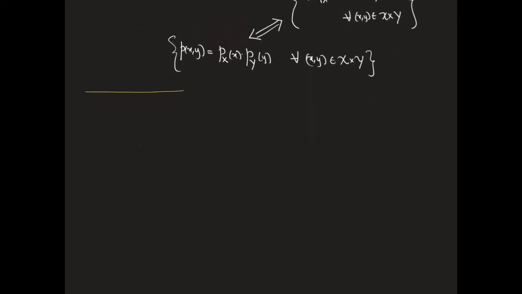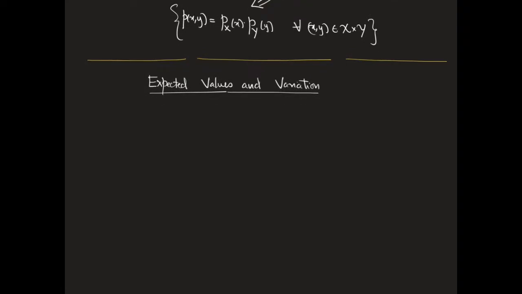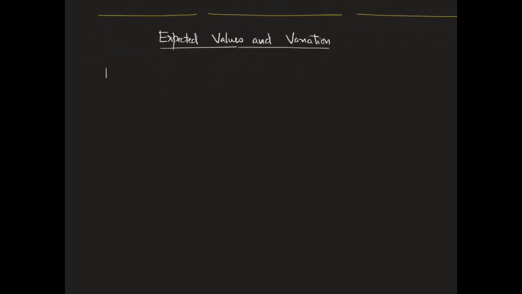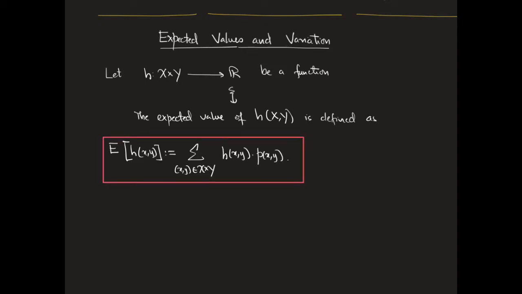We next talk about expected values and variations for combinations of random variables. Suppose h is a function that is defined on a pair of random variables X cross Y. Then the expected value of h(x,y) is defined as the following sum, where we're summing over all pairs inside X cross Y of the product h(x,y) times p(x,y).